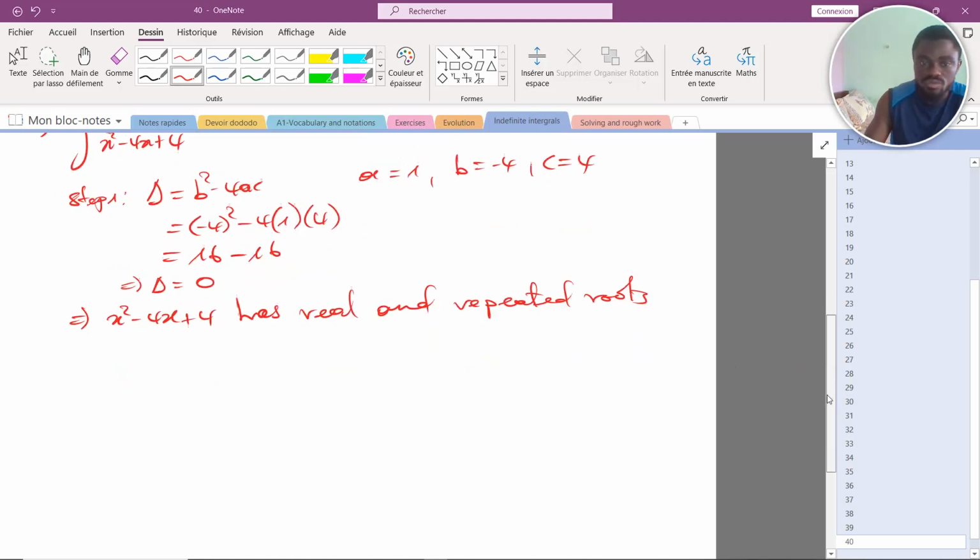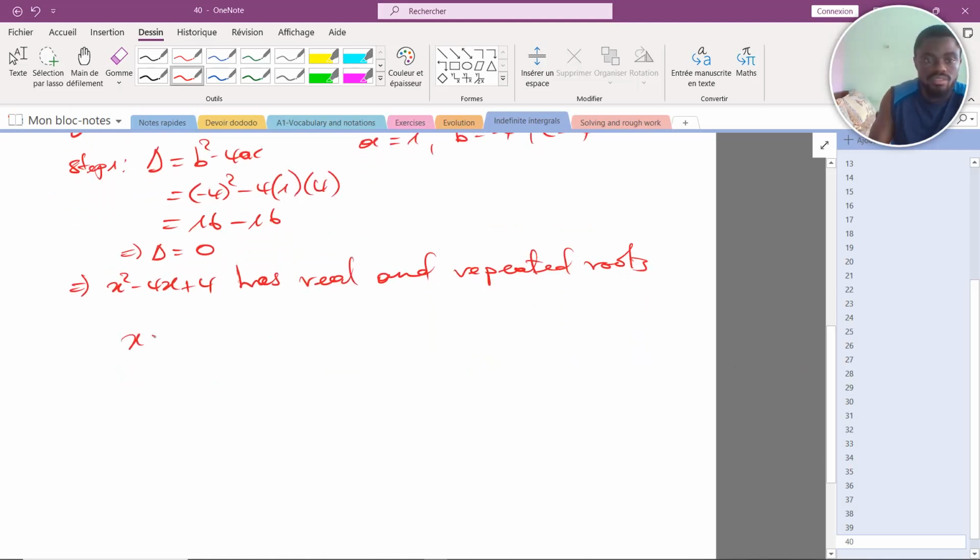So let's find those roots. x will be equal to minus b plus or minus the square root of delta all over 2a. But our delta is already 0, so this will become minus b all over 2a, because if delta is 0, this becomes 0 and we are left only with minus b on 2a.